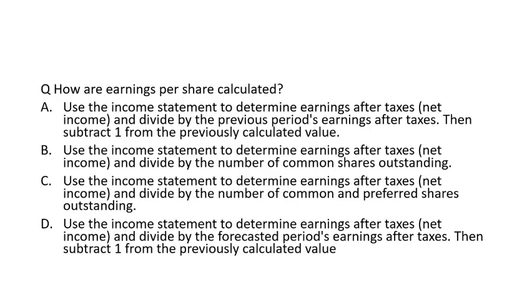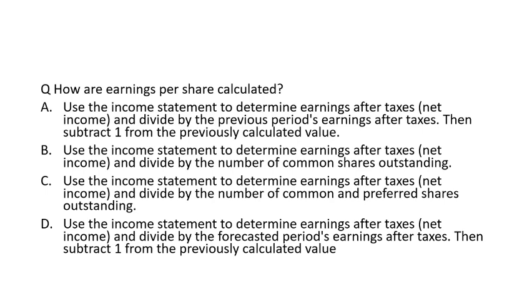Next, see how is earning per share calculated. Okay, now let's go through the options first. Use the income statement to determine the earnings after tax, net income, and divide by previous period's earnings after taxes. Then subtract 1 from the previously calculated value. Then use the income statement to determine the earnings after taxes, net income, and divide by the number of common shares outstanding.